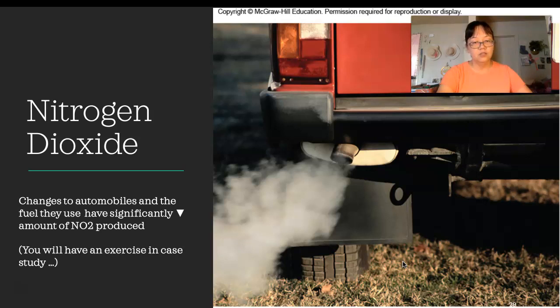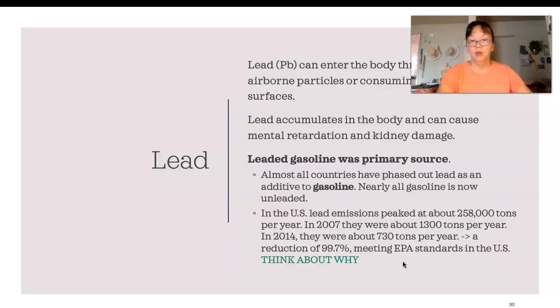The changes to automobiles and the fuel they use have significantly decreased the amount of nitrogen dioxide produced. I will give you a case study on this, and we rethink automobile driving again, its effect on our environment and on human health.